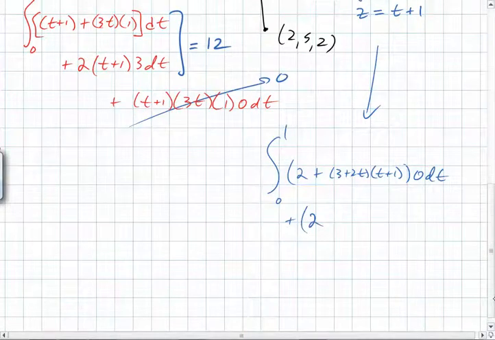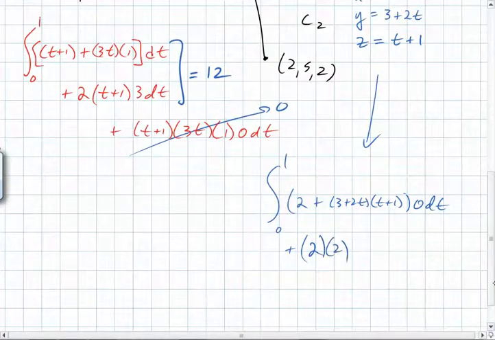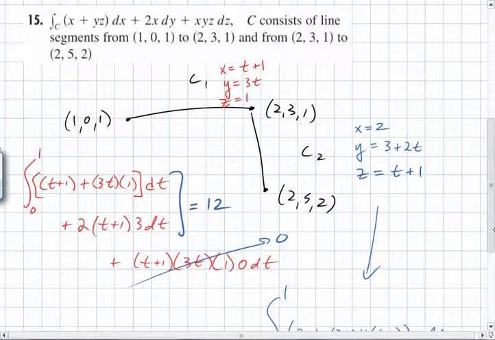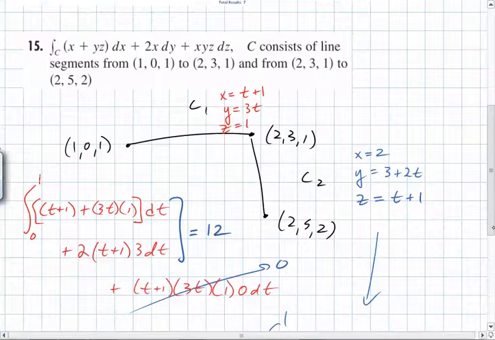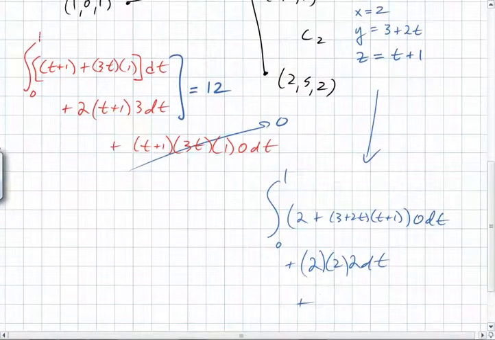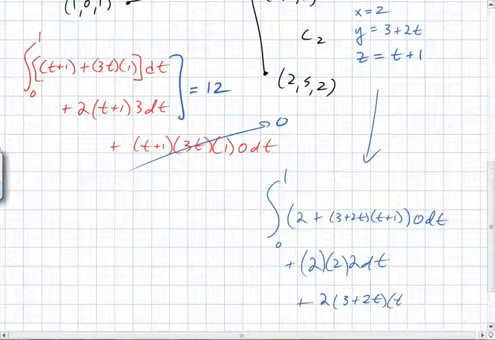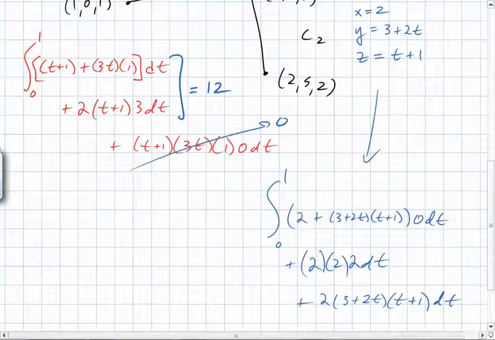So what is x? 2, and then it's 2x dy, which is what? 2 dt. Plus, what's the last one? xyz dz. So it's going to be 2 times y times z, t plus 1. dz is just going to be dt, 1 dt, exactly.